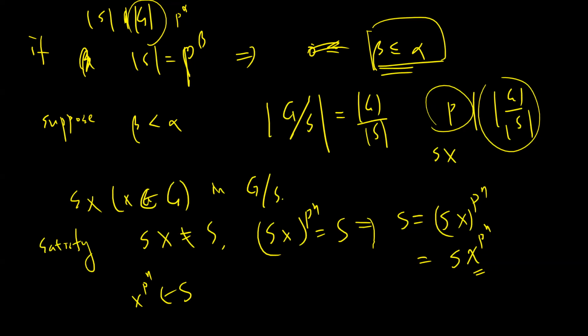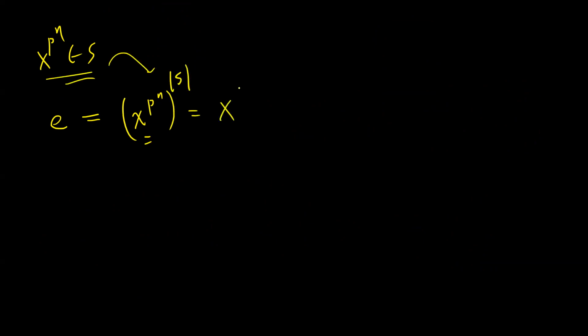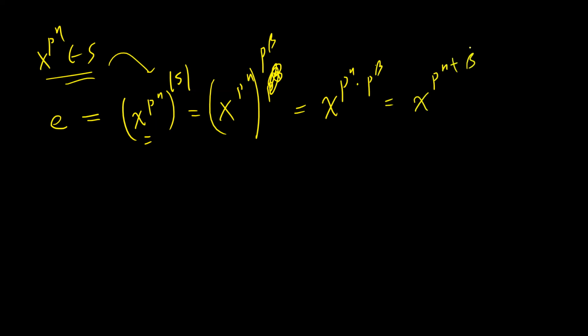So now let's see. We know that the identity is the order of x^(P^n), because x^(P^n) is an element in S, so its order must make it the identity, which is x^(P^n P^beta), so it's x^(P^(n+beta)).